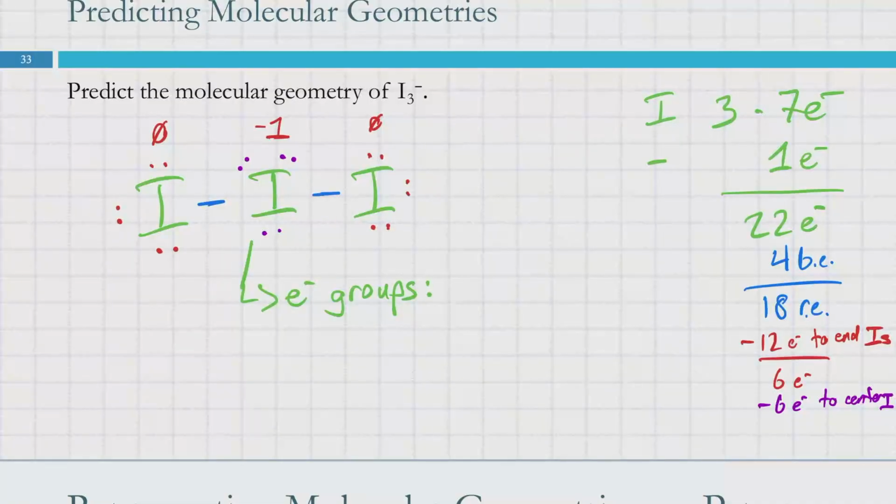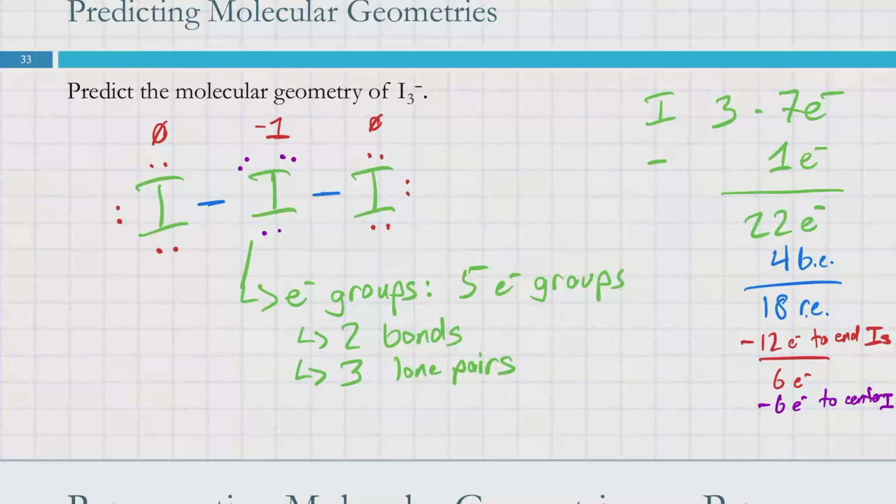It's 5. 5 electron groups. It's got 2 bonds and 3 lone pairs. So remember, electron groups include bonds and lone pairs.